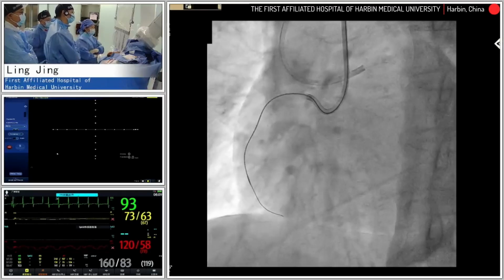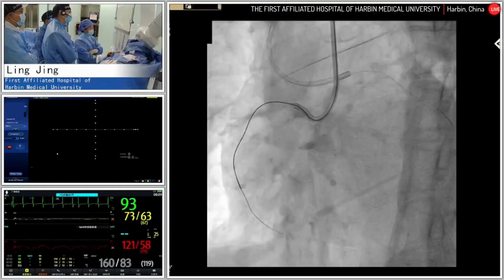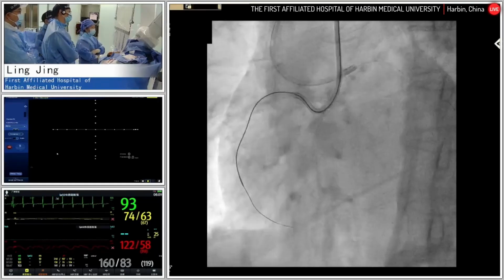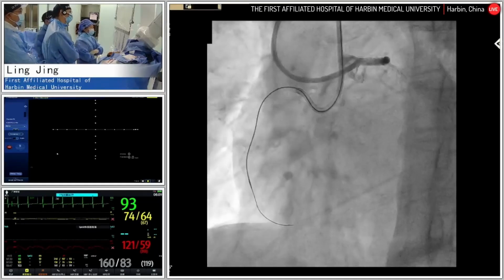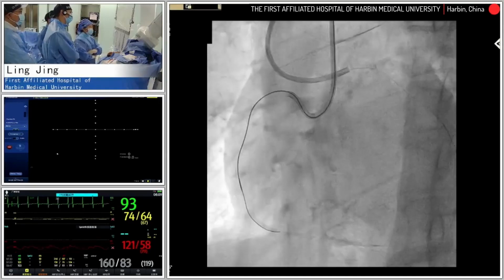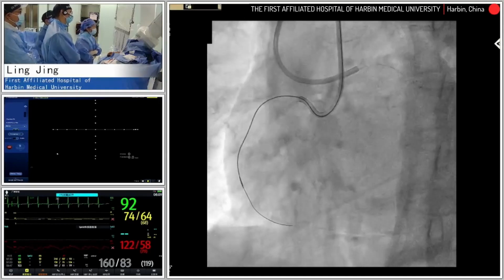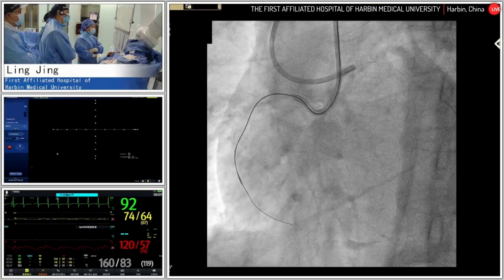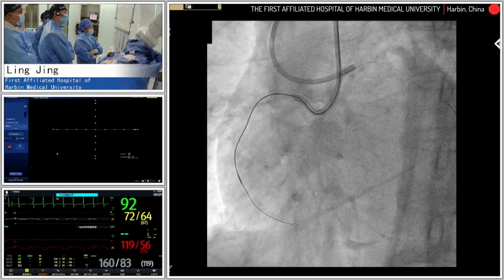Okay, so Professor Jing, I noticed that this is a relatively small lady with a relatively low body weight, and from the angiography and also the CT angiography before this procedure, we noticed some calcification, and this is a long diffuse lesion. You just mentioned that for the antegrade approach, you tried the parallel technique and also the wire escalation technique.